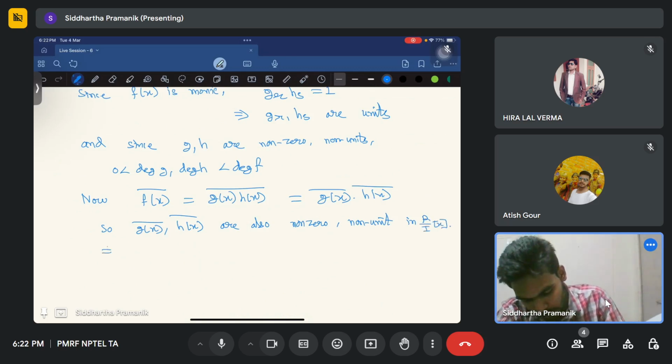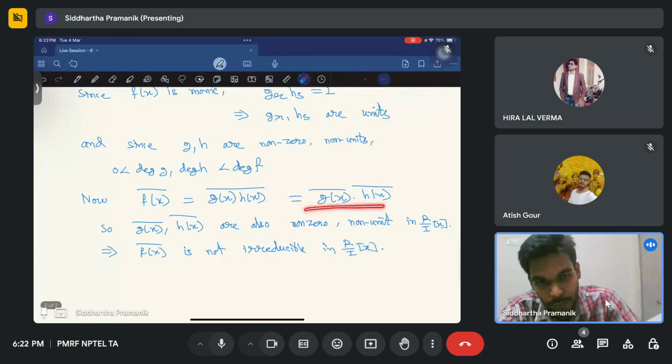That implies f(x) bar is, sorry, not irreducible in (R mod I)[x], because we are writing it as a product of non-zero non-unit elements.